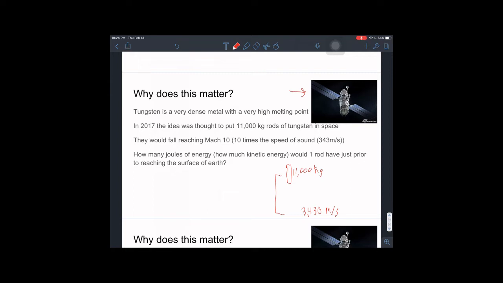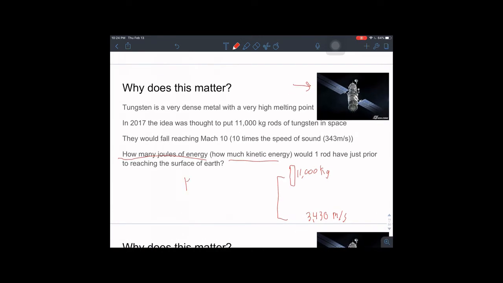So if we do this and we see how many joules of energy, how much kinetic energy would one rod have just prior to reaching the surface of the Earth, we know that KE is equal to 1/2 mv squared. We know it has how many joules of energy? Well, we don't know its velocity. We do know its velocity. Its velocity is 3430 meters per second.